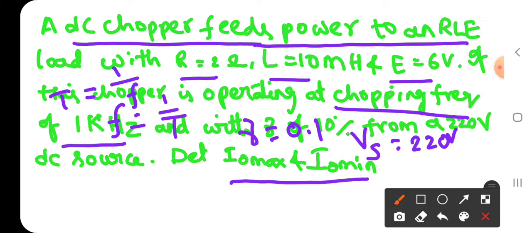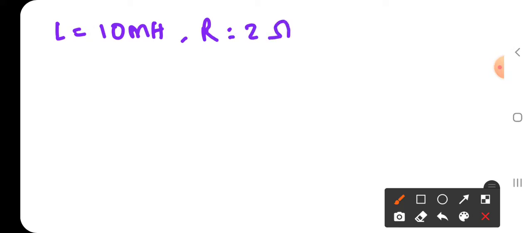Let us write the data whatever we need to find IO max and IO min. He states that inductance is 10 millihenries and resistance is 2 ohms. With this, what can we find? We can find the time constant.